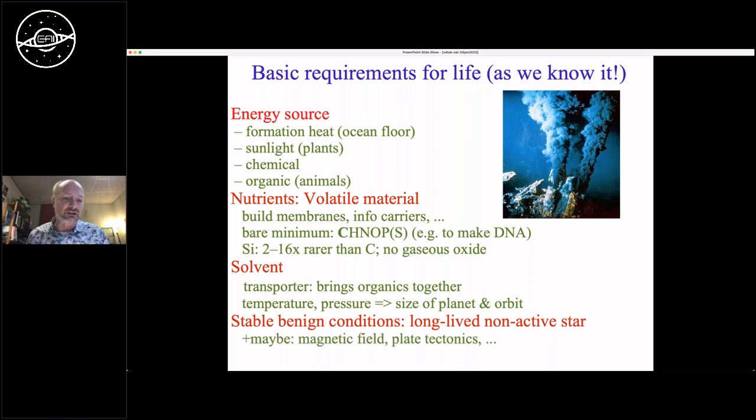There could be others. The Earth has many other properties that may or may not be essential. In particular, it has a magnetic field, right? That is certainly helpful to shield the surface and also the atmosphere from harmful radiation. The Earth also has plate tectonics, right?